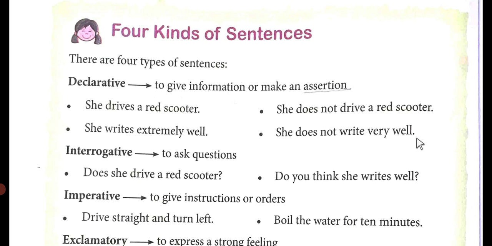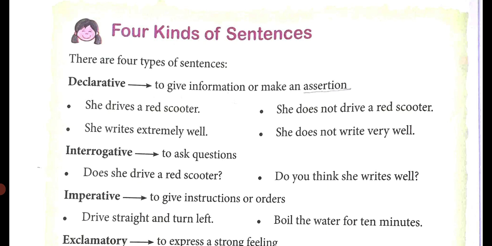In declarative sentences, there are two types: first is affirmative sentence and second is negative sentence.